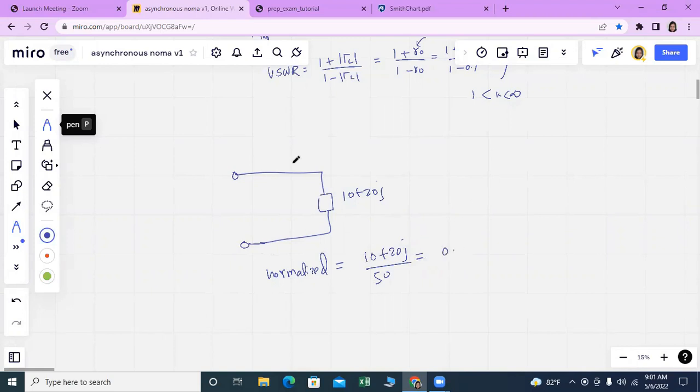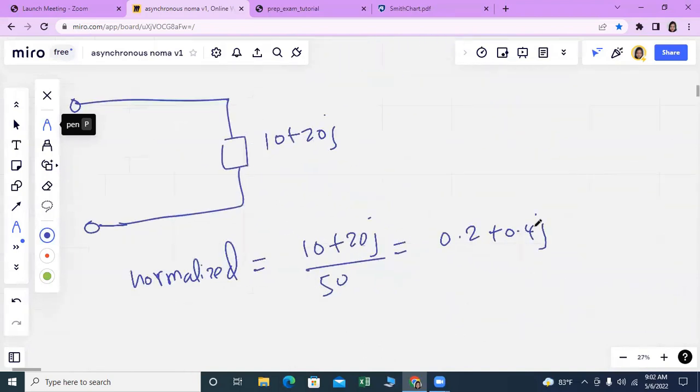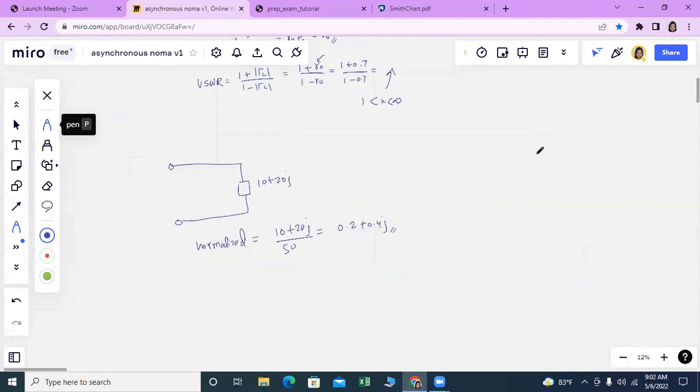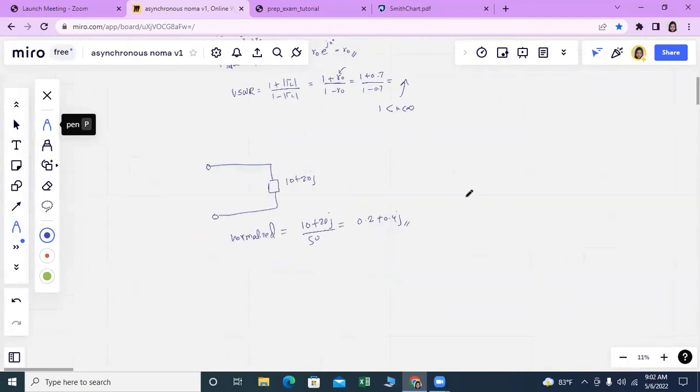So you will find the normalized value, and then you will find the normalized impedance value in the Smith chart. The Smith chart is composed of circles and arcs, right?